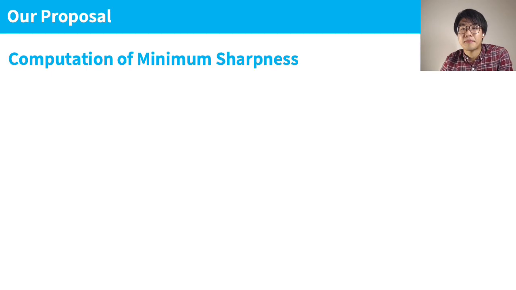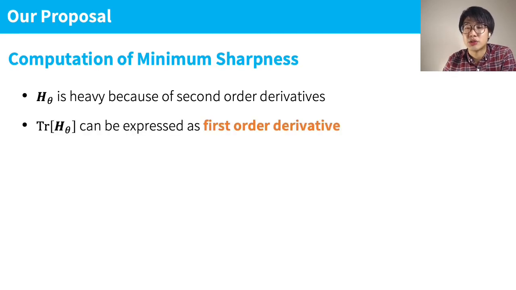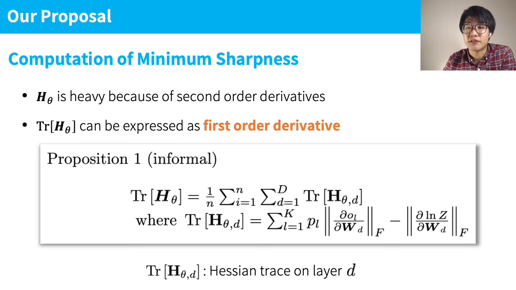Here's our approach. Hessian computation is heavy because it involves the second order derivative. In this paper, we found out that the Hessian trace can be reduced to the sum of the first order derivatives, which is efficiently computable. More specifically, this is the informal version of our proposition in the paper.